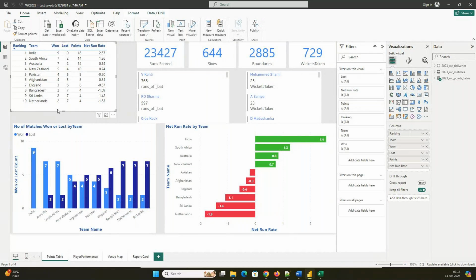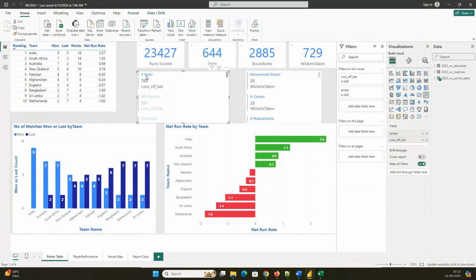On the summary page, I'm saying, okay, India played 9 matches, won all the matches, and made 18 points. In a similar way, England played 9 matches, they won only three, and lost six. Now if you click on Virat Kohli here, he has scored 765 runs and he was dismissed by these bowlers in the tournament. In the entire tournament, he scored only 9 sixes, 77 boundaries.